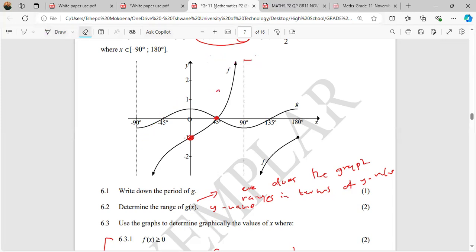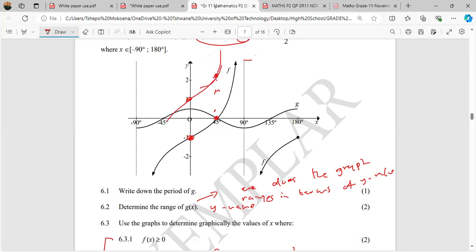This -1 will come to +1, meaning shifting how many units? 1, 2, 2 units upwards. So this will come here, and then 45 degrees, it's 0. We're going to shift 2 units, 1, 2. It will come here, 45. This will come there. So our graph will actually look like this.